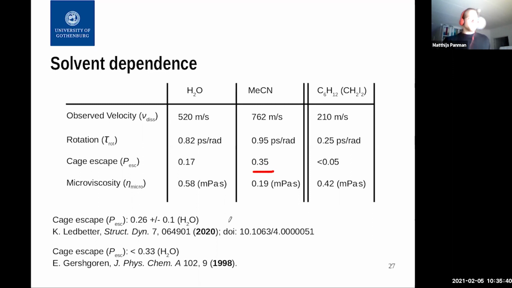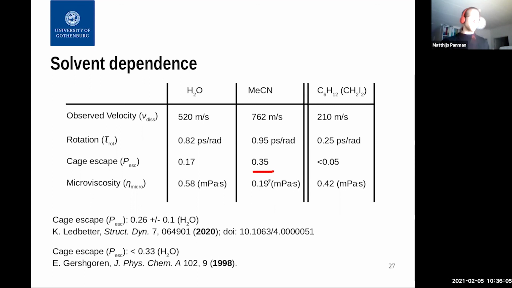Now, of course, two solvents is not really sufficient to really say much about what is actually important for this cage escape. I mean, it seems logical that the velocity matters, but other parameters such as the microviscosity of the solvent could very well play a role.